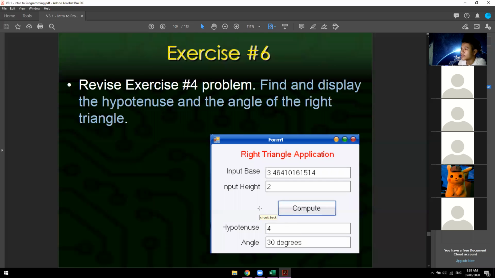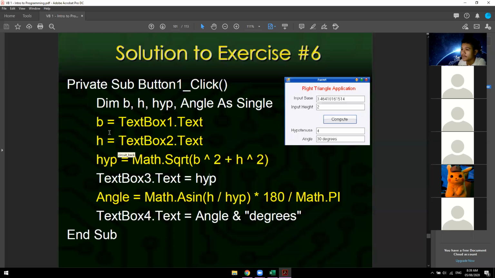Okay? So, nandito naman na yung formula. Okay? So, ito na yung parang sa, ito, hanggang dito. Yung sa exercise number 4 nyo. And then, para makuha nyo naman yung angle, so yan. Method A sine, h divided by height times 180 divided by math.pi.